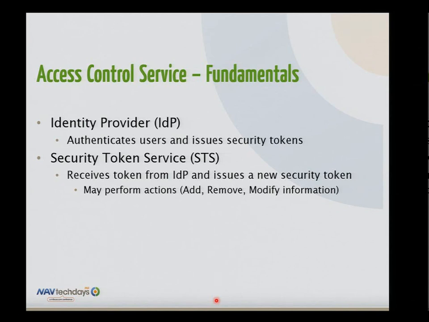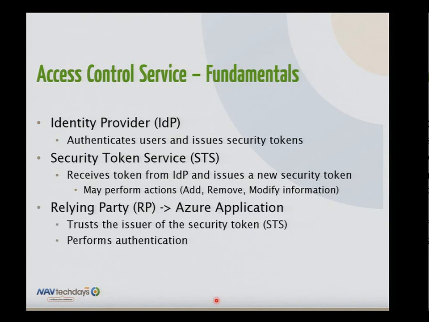It maps all the identity information in the identity provider token into something understandable by NAV. So it receives a token and sends a token. Then we have a relying party. That's some Azure application, in our case Dynamics NAV. It trusts all security tokens coming from the STS and performs the authentication.